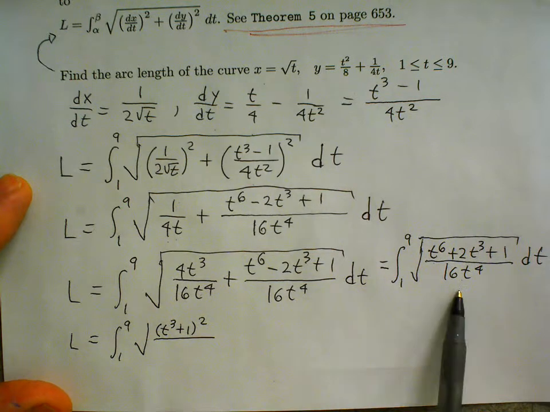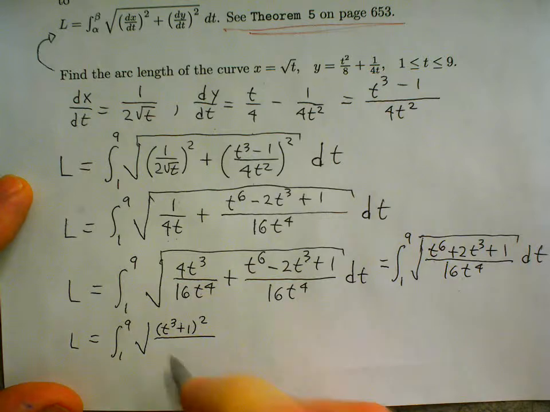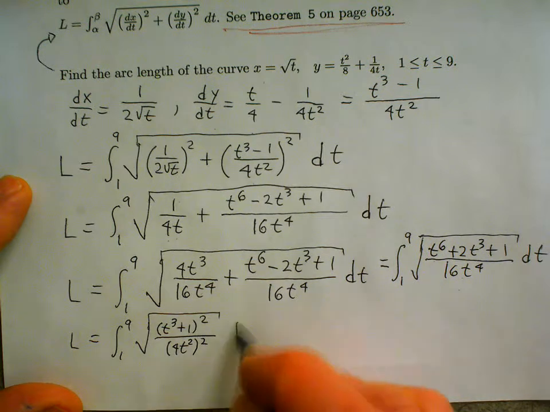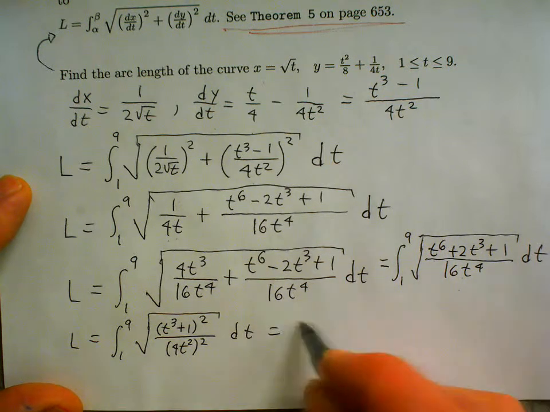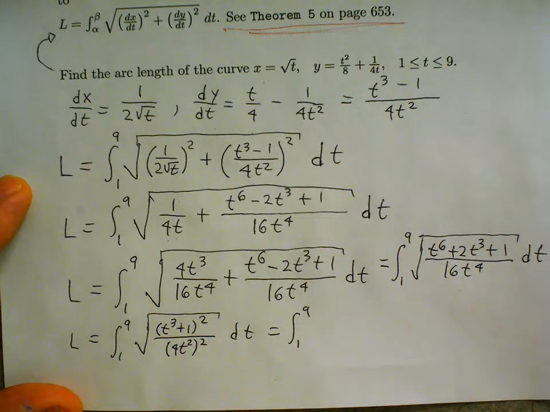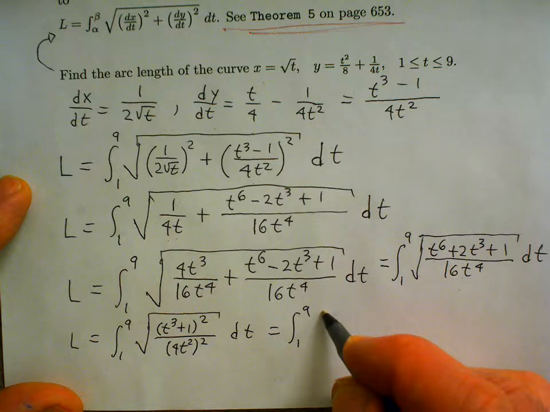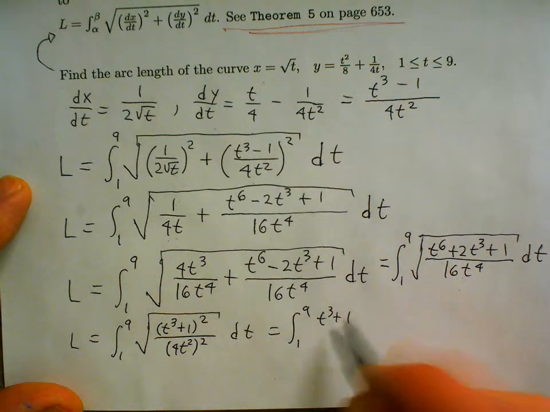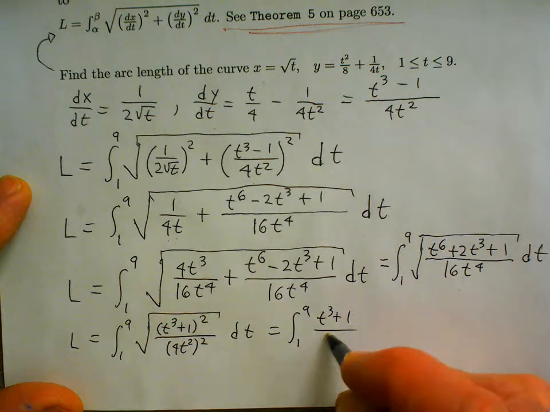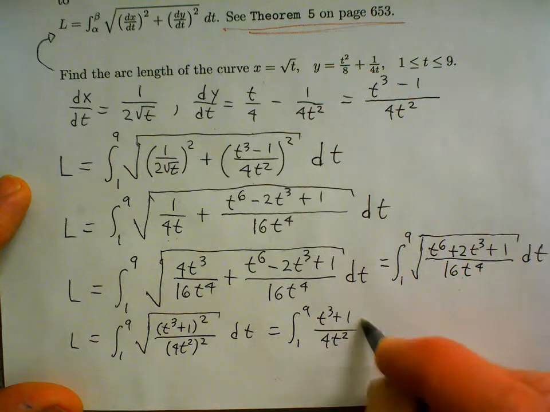And in the denominator, 16t to the fourth, that's the same as squaring 4t to the second. And then finally, when we take the square root of a perfect square in the numerator, we'll just have t to the third plus 1, in the denominator 4t to the second.